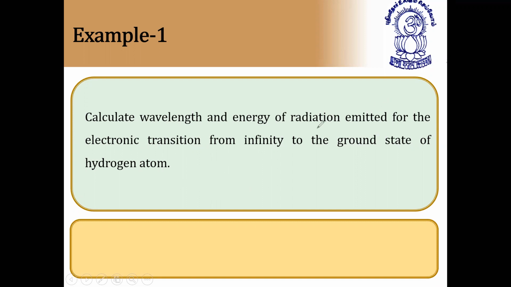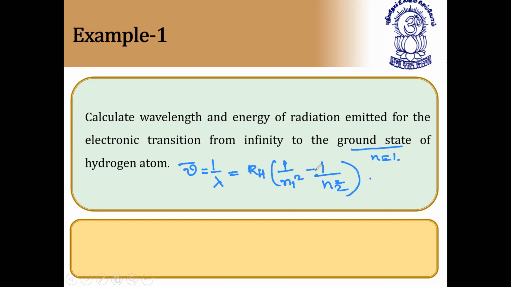So you can use the formula nu bar is equal to 1 by lambda, which is equal to RH into 1 by n1 square minus 1 by n2 square. In this case, n1 is the ground state, 1 square, and n2 is infinity.